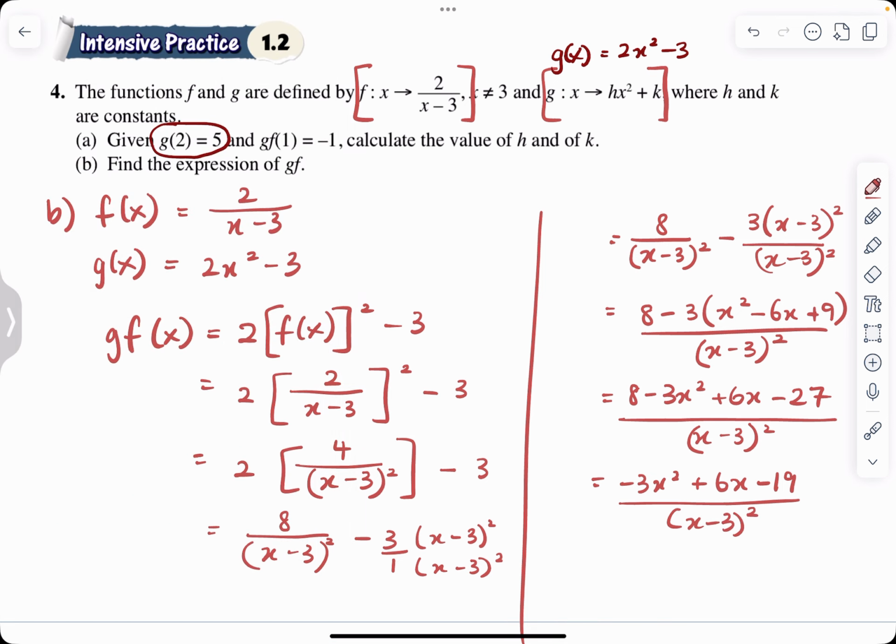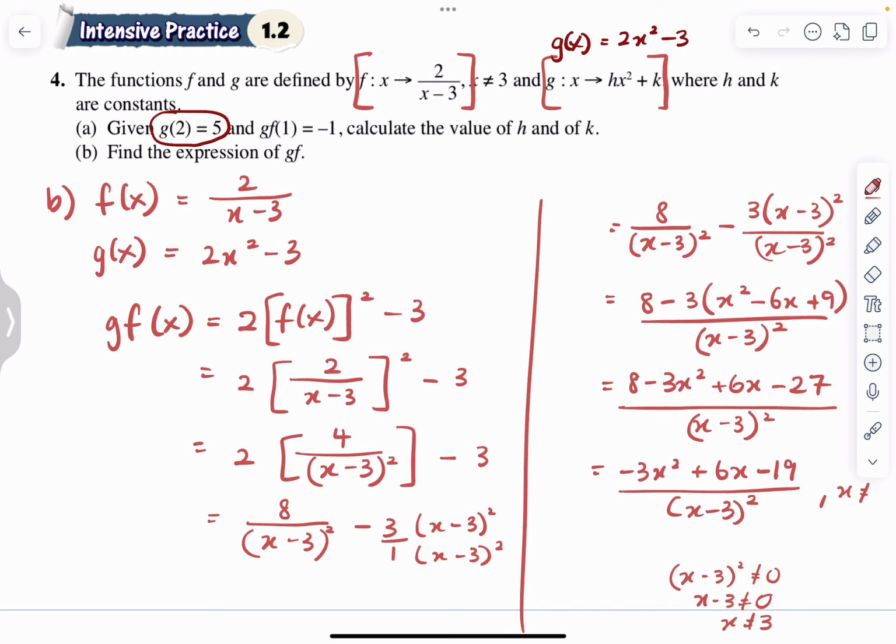Okay, but we don't stop there, because we have to write the condition. Because there is x in our denominator, we must make sure the denominator cannot be 0. Okay, so let's do a small calculation. (x minus 3)² cannot be 0. Therefore, the square we move over there becomes square root. So x minus 3 cannot be 0, because square root of 0 is just 0. So therefore, x cannot be positive 3.